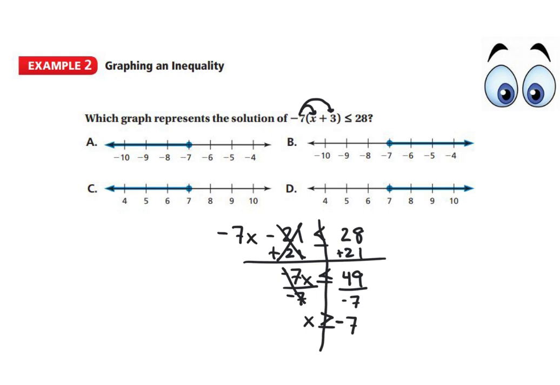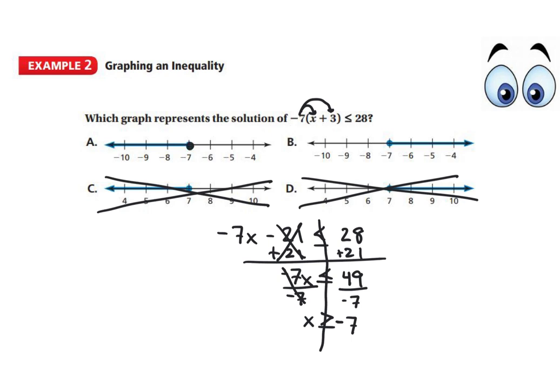So when I look at my graphs, I notice right away that C could not possibly be correct because I have positive integers. D could not possibly be correct because I have positive integers, so it has to be A or B. And this says x is greater than or equal to.